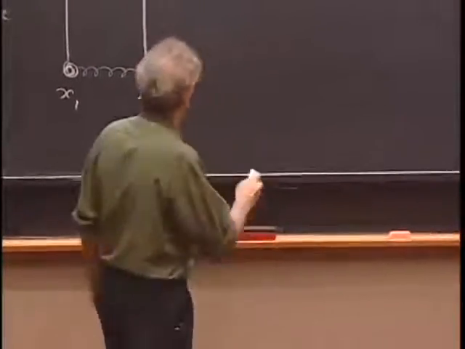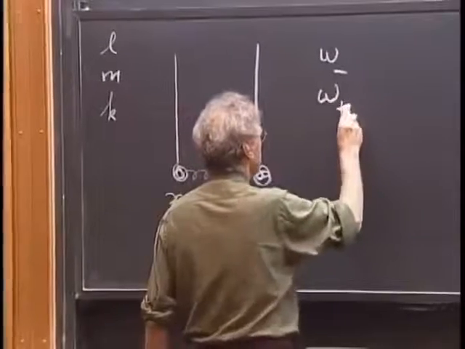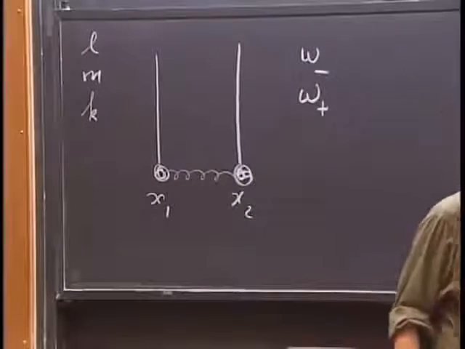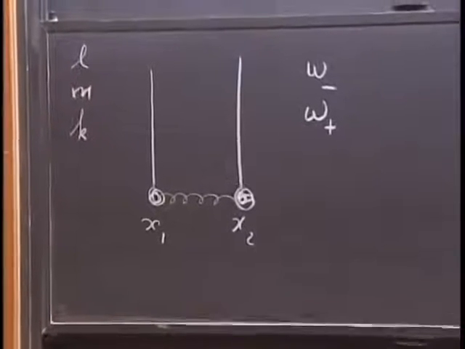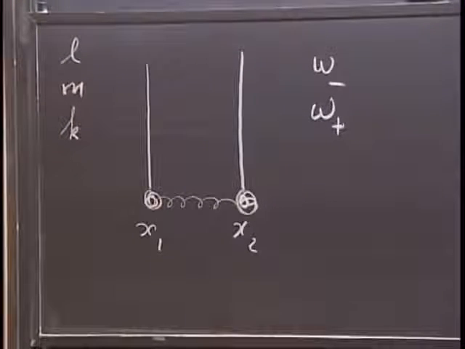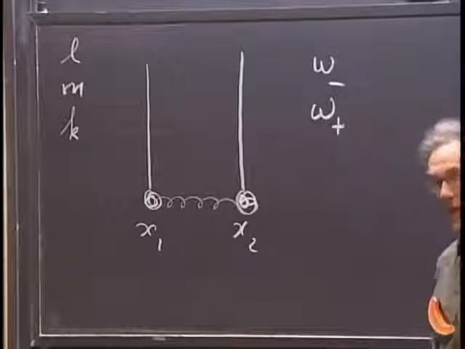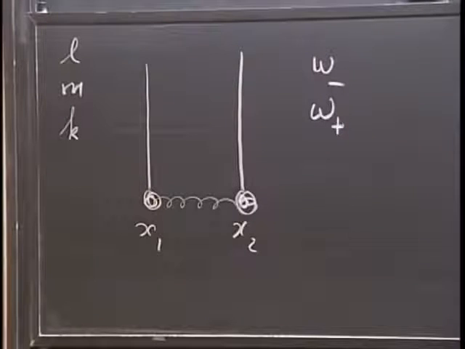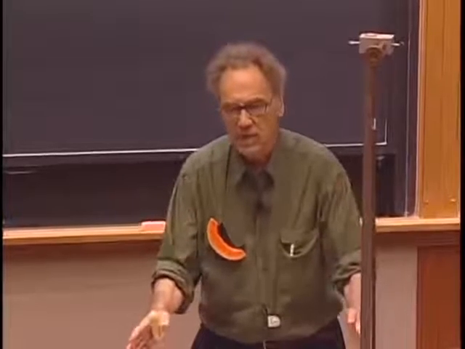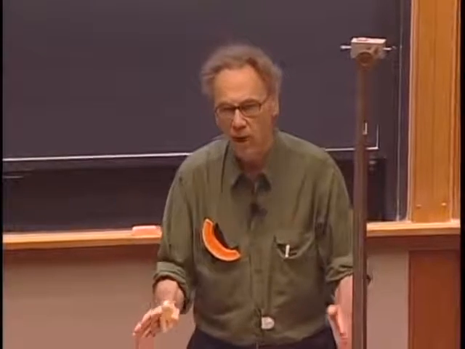And they have the same frequency. If then I have another frequency which is higher, there are 2 normal modes because we have 2 objects. If we have 3 objects, there are 3 normal modes. If we go to the higher normal mode, the higher frequency, they have the same frequency, but they are 180 degrees out of phase.